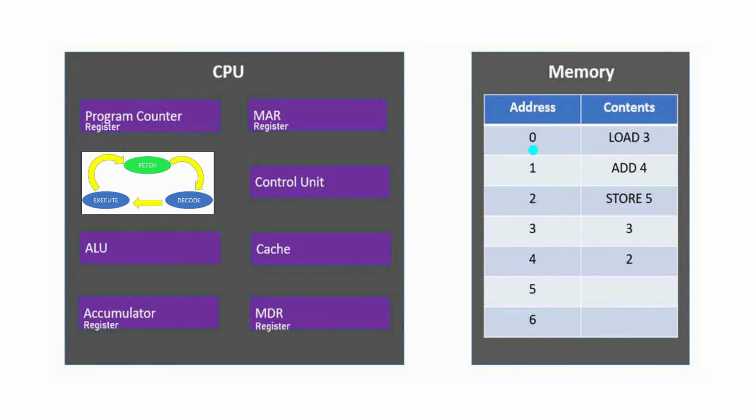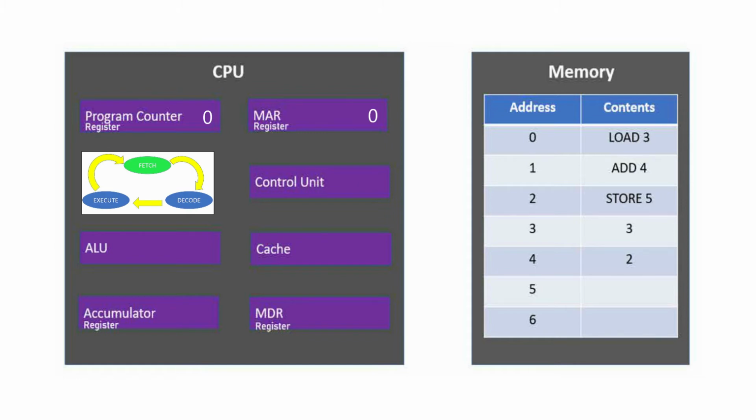Each component within the CPU plays its part in the Fetch Decode Execute cycle. The first instruction is sent along a bus from the memory to the CPU, and the program counter is set to the address of the first instruction, which is 0. This instruction is copied to the memory address register.